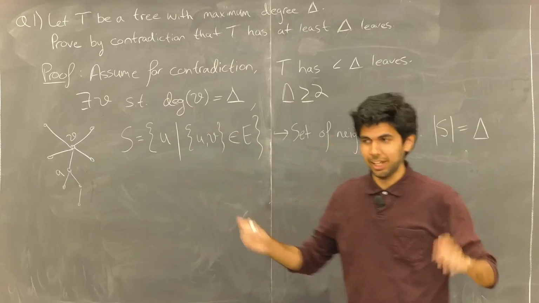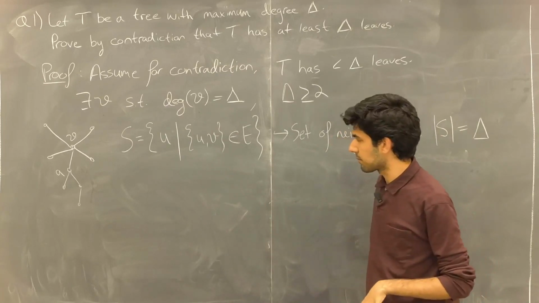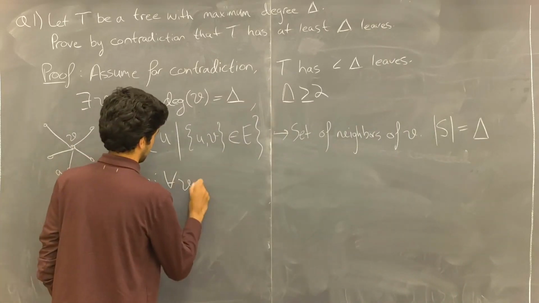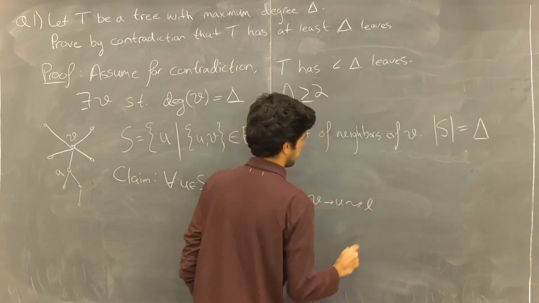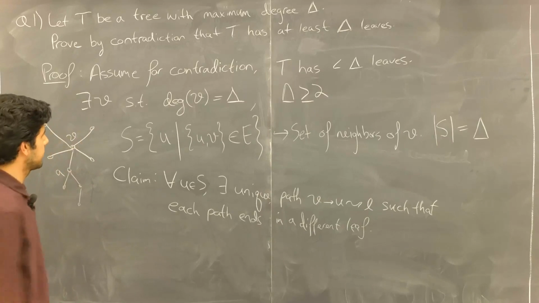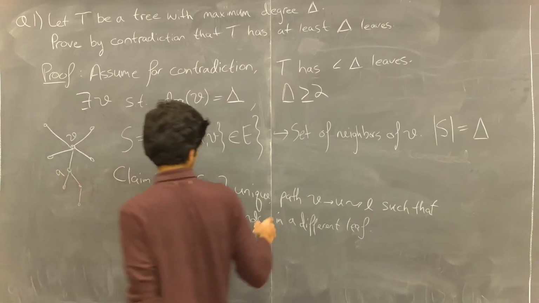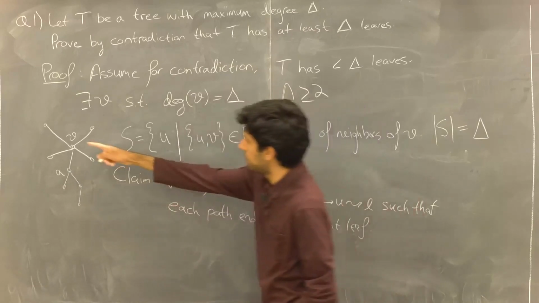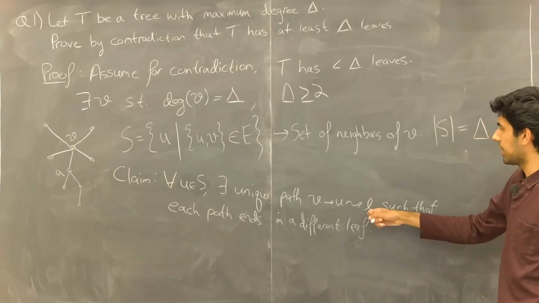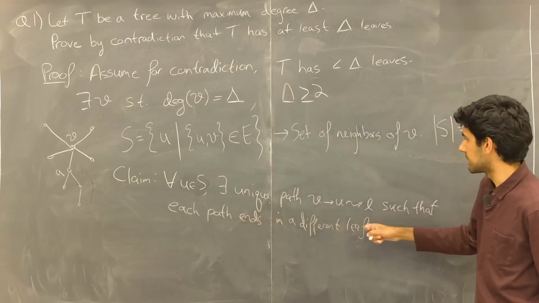Where am I going to end? Well, I'm going to end at a leaf. Why? Well, let's prove it. So my claim: if I were to take any vertex in the neighbor set of V, then there's going to be a unique path starting from V that goes to the neighbor, and I keep on going until I finally reach a leaf L, such that each path ends in a different leaf.